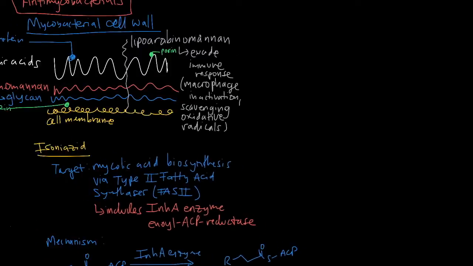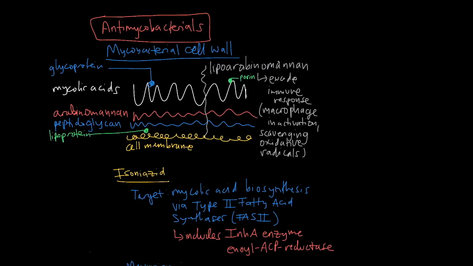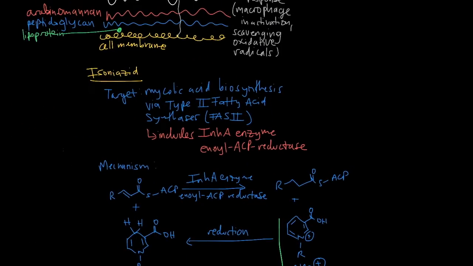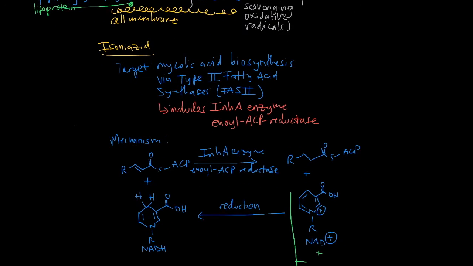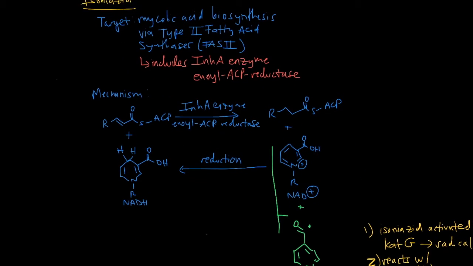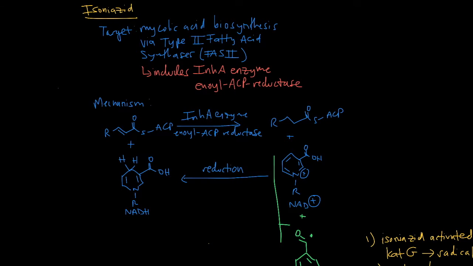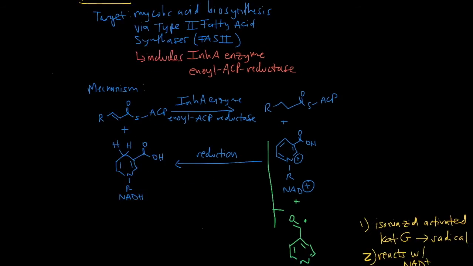Here's a mycobacterial cell wall for kicks and giggles. Each of these drugs act on different portions of the cell wall to inhibit cell wall synthesis and therefore interfere with mycobacterial survival. Isoniazid interferes with mycolic acid biosynthesis, which includes the InhA enzyme and enoyl ACP reductase.